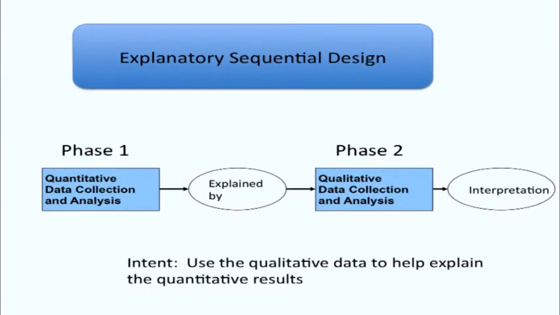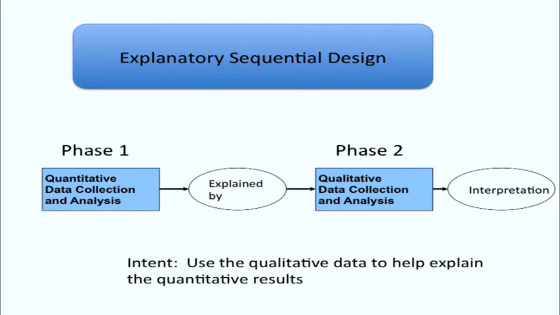There's an easier way. Here's the second design, Explanatory Sequential Design. And I think this is a design that's probably the most popular among doctoral students, graduate students, across the United States at least. I call this a two-phase design, where they're first collecting quantitative data, such as doing a survey project, and then following up qualitatively to explain those quantitative results in more detail.